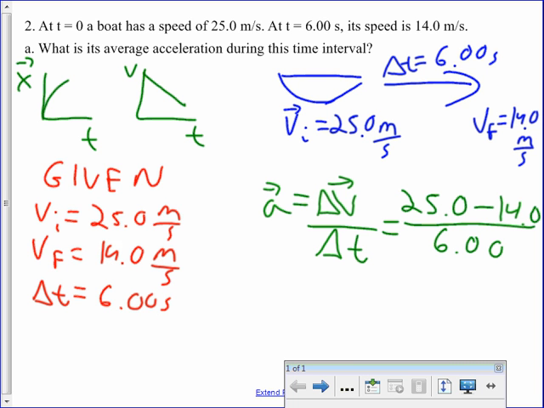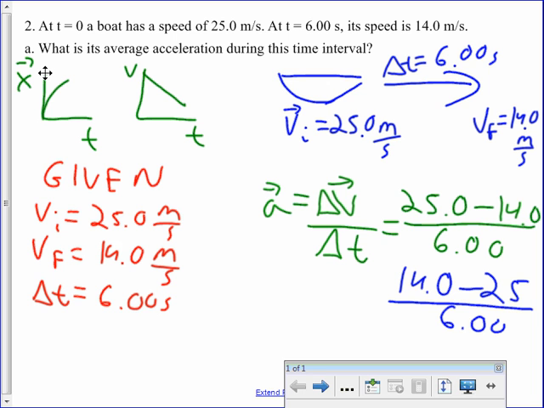Oftentimes you see a change in velocity and you just subtract two values. But what you need to realize is that it started at 25 and finished at 14, so therefore my acceleration needs to be negative. Theoretically and technically, it should actually be 14.0 minus 25 divided by 6.